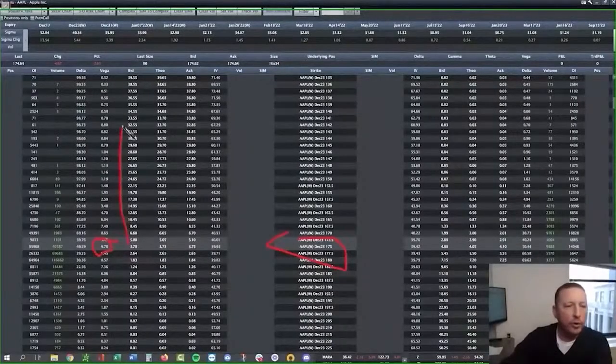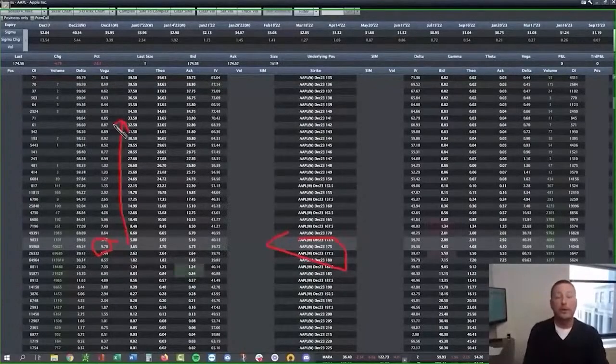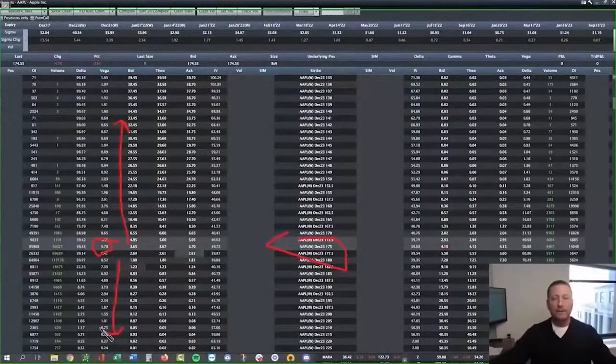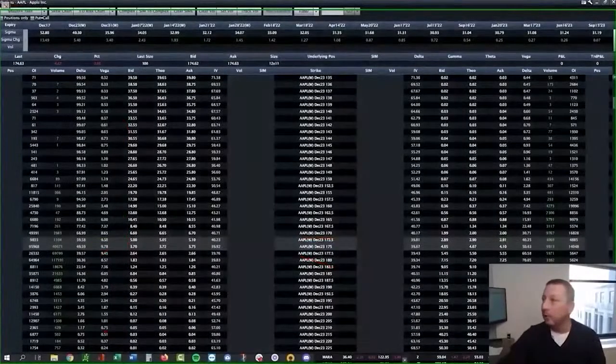The further you go away from that strike, either up or down, so either in the money or out of the money, you can see how the Vega gets less and less the further you go away from where the stock is trading. So the volatility impact on an option becomes less and less the further in the money or further out of the money that you go.